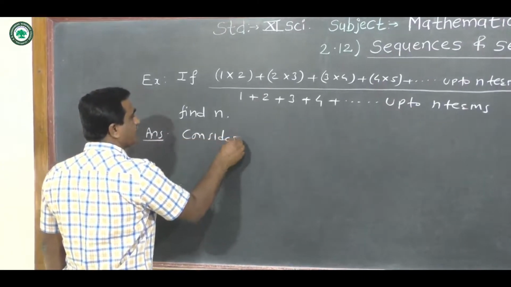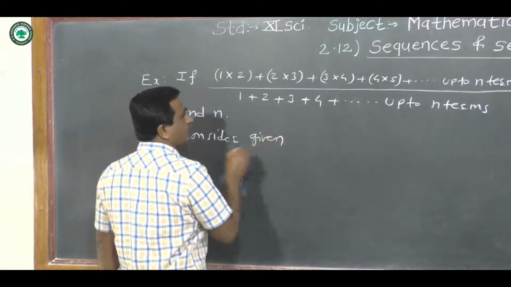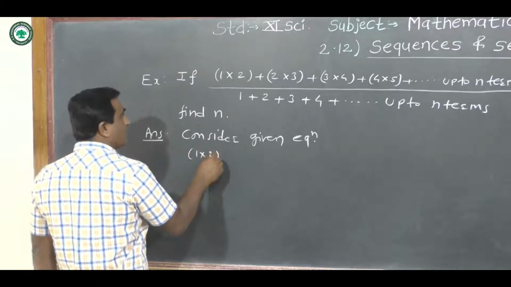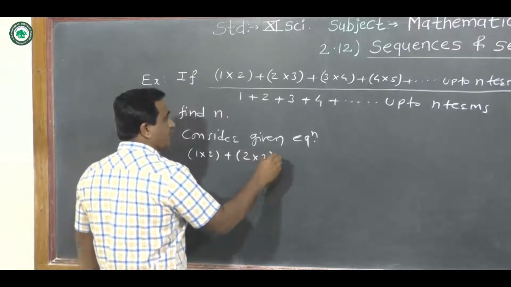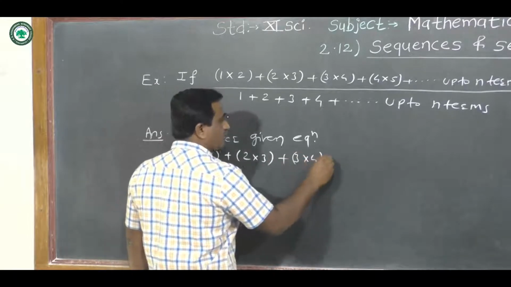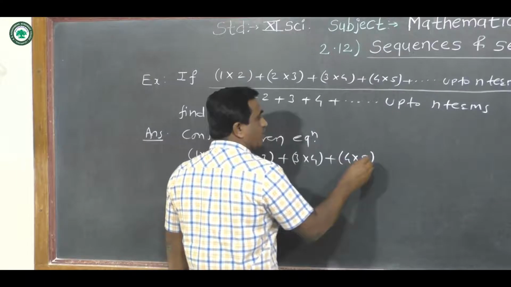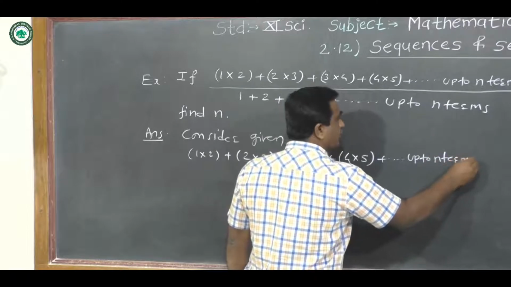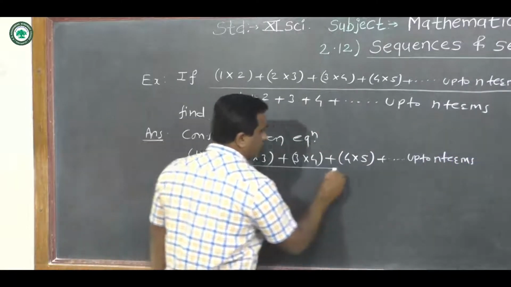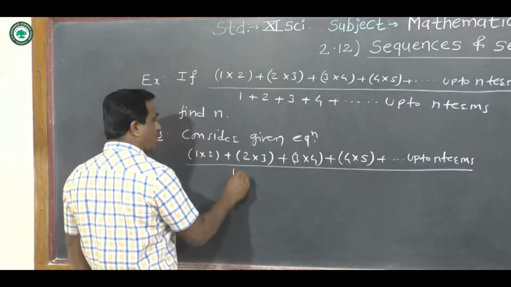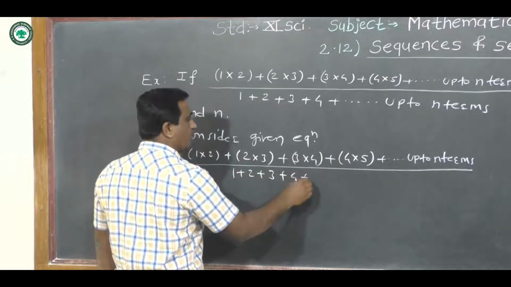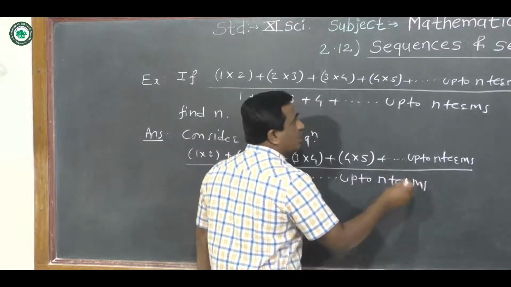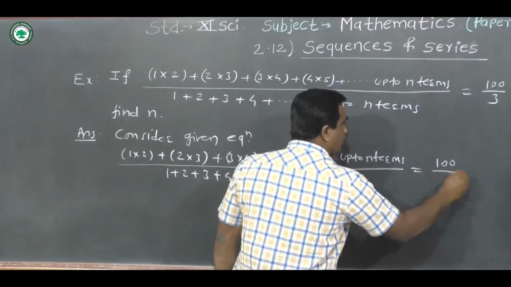Consider the given equation, that is 1 into 2 plus 2 into 3 plus 3 into 4 plus 4 into 5 plus so on up to n terms, upon 1 plus 2 plus 3 plus 4 plus so on up to n terms, is equal to 100 upon 3.